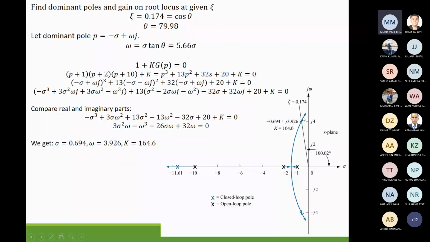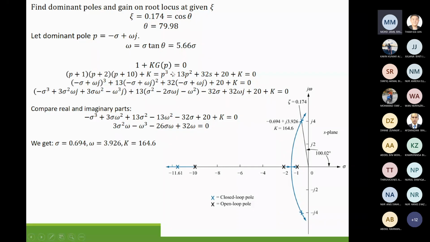If you refer to project part 4 later, it will teach you how to determine this pole at this damping ratio. Okay, so this calculation is just a manual calculation example on how to determine this point.